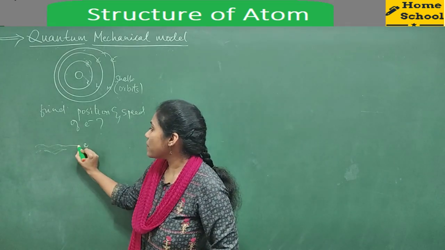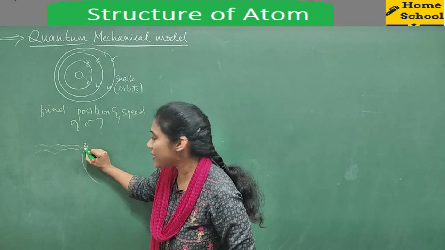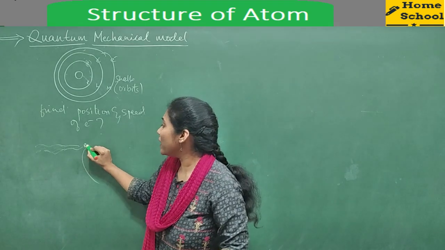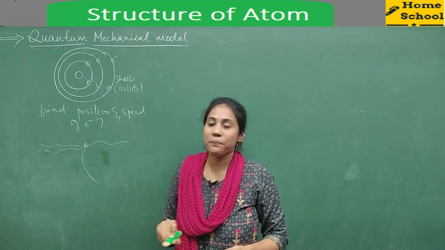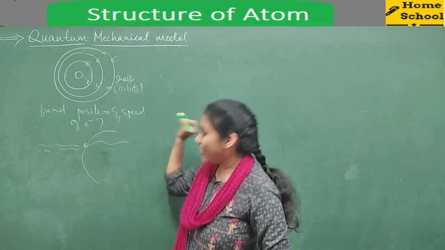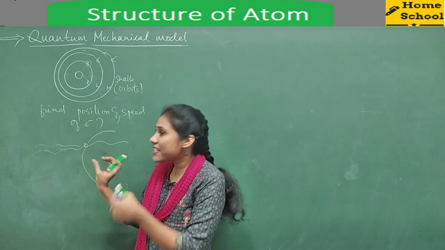Imagine these waves, the moment they touch the electron, will the electron stay here? The electron is the smallest entity. So what will it do? It will deviate its path. Instead of going in a circular way, it would deviate its path, because these waves are disturbing it.